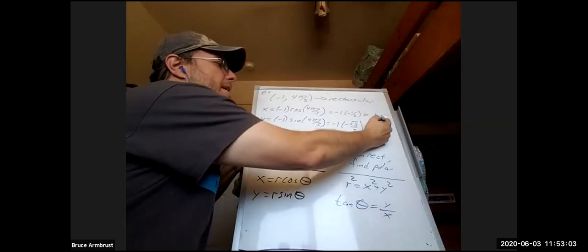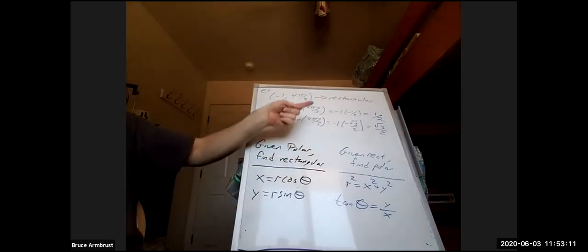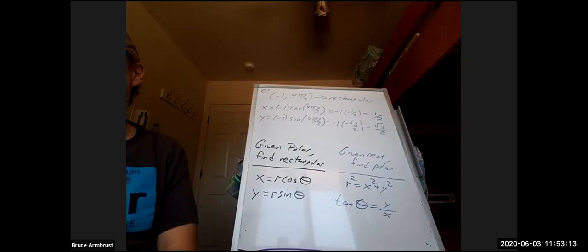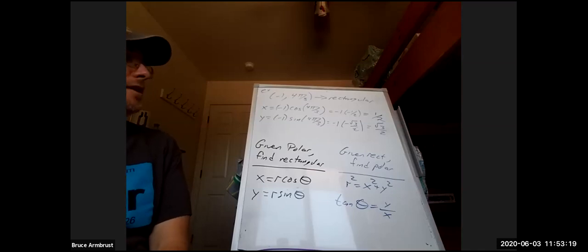So -1 times that is a positive √3 over 2. So that point would be 1/2 to the right and √3 over 2 up. And if you go back and you look at your notes where we found that point when we went -1 in the direction of 4 pi over 3, that brought us exactly there. So you can see that those coordinates definitely make sense.